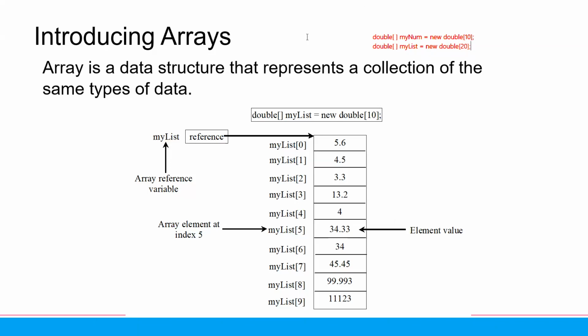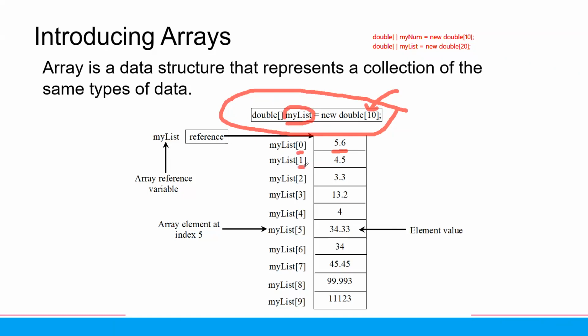Using this definition, I would like to prepare 10 places, and let's check. In the first myList, it is index 0. I have the value 5.6.